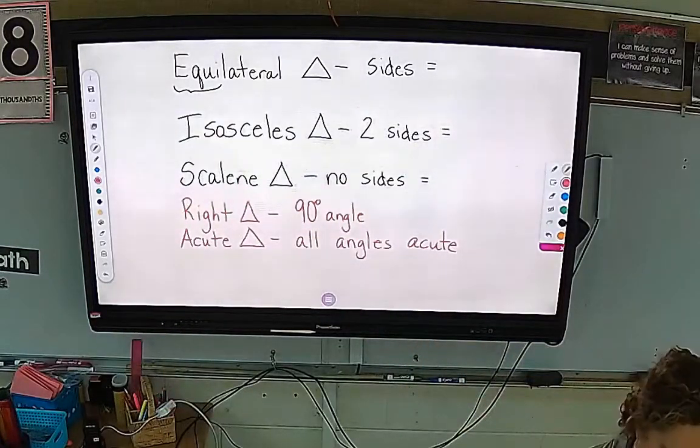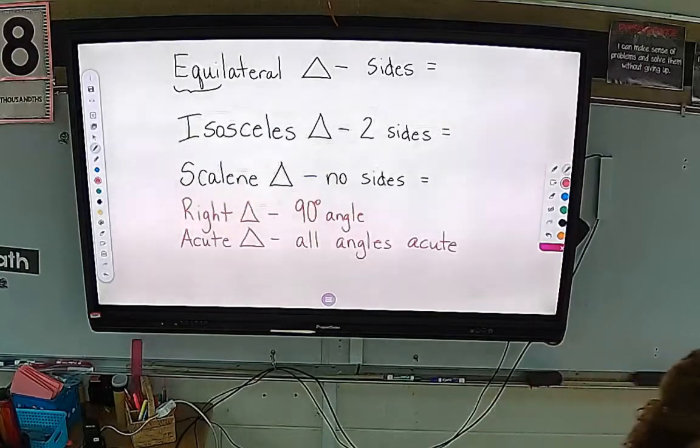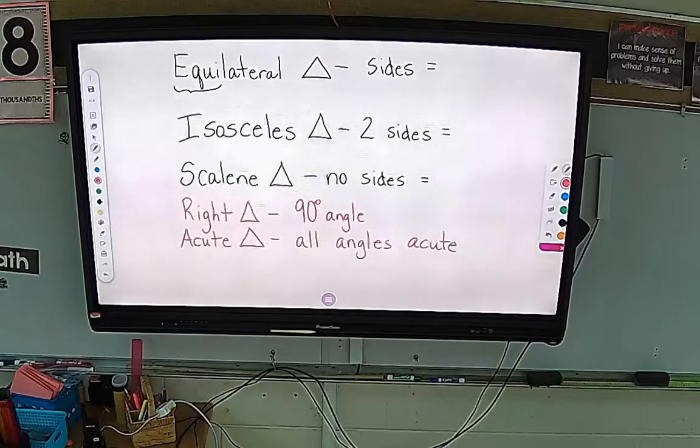Let me find an example of one of those. Look at A. Several of you did A. What was the measurement you got on all of those angles? You told me more than once. They were all 60 degrees. 60, 60, and 60. 60 times 3 is how much?